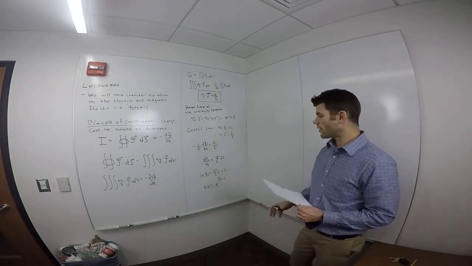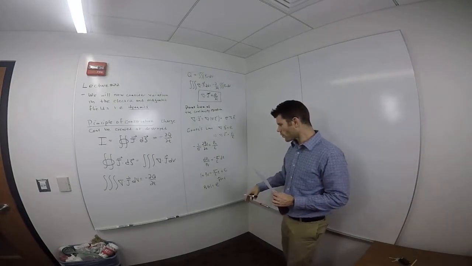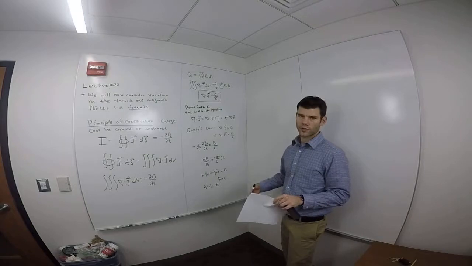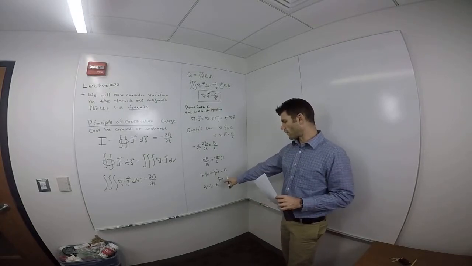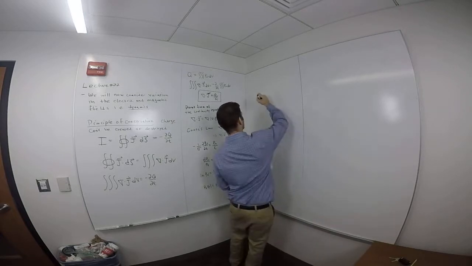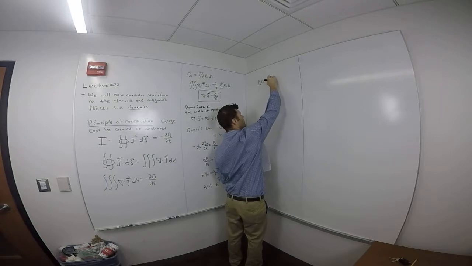Okay, so now that we say at some initial time 0, we have a total volume charge density of, let's say, rho naught, we could then solve for a formal equation right here. So let's say that rho sub v of 0 is equal to rho naught.